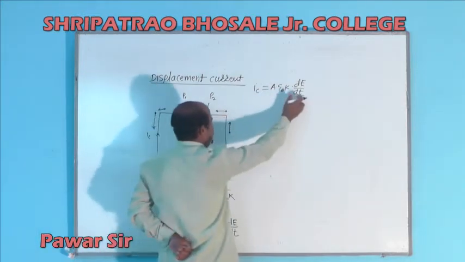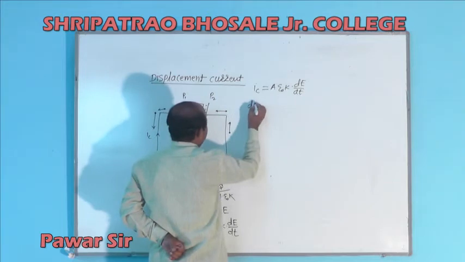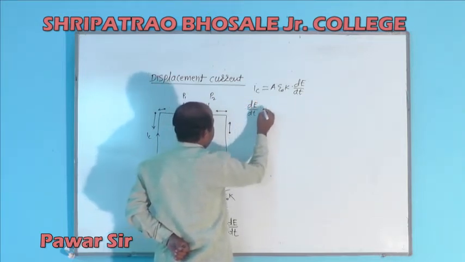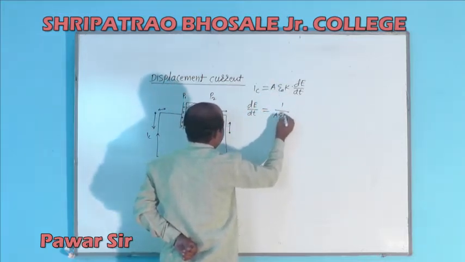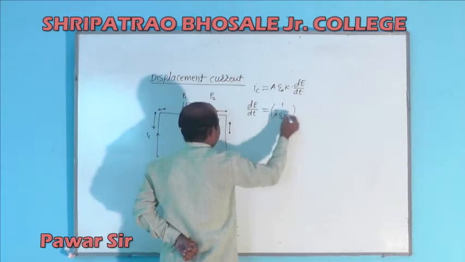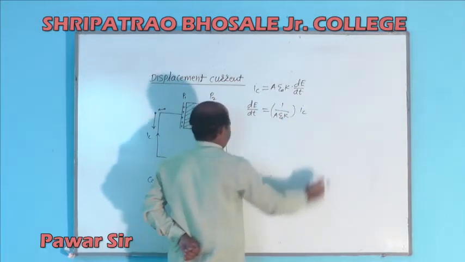So we can write this rate of change of electric field with respect to time, dE by dt, is equal to 1 divided by A epsilon 0 k into IC.